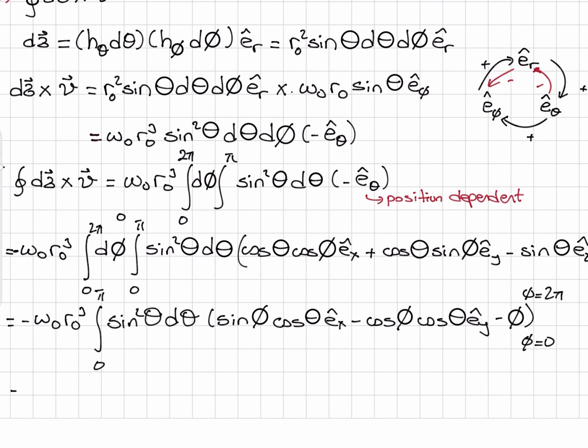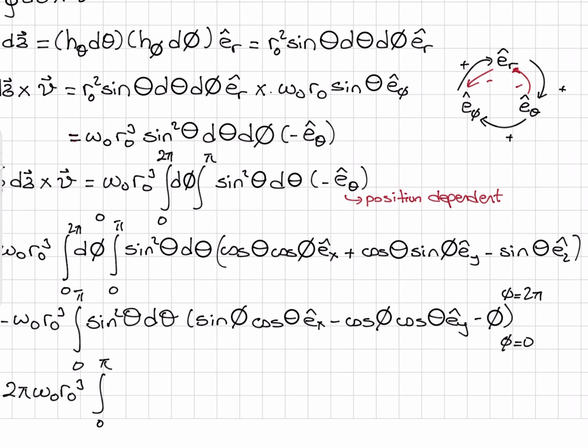So here I have 2 pi from the phi integral, omega 0 r0 cube, integral from 0 to pi, here I have forgotten a sine theta, EZ hat minus phi sine theta EZ hat.